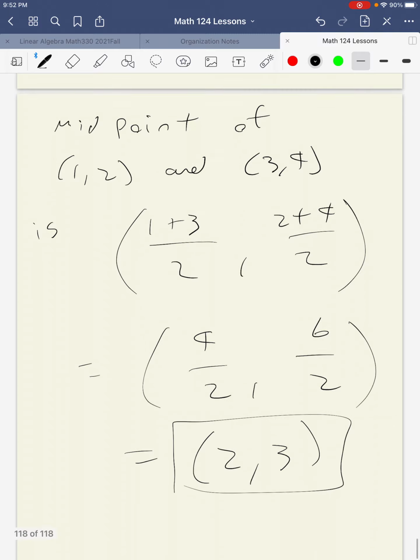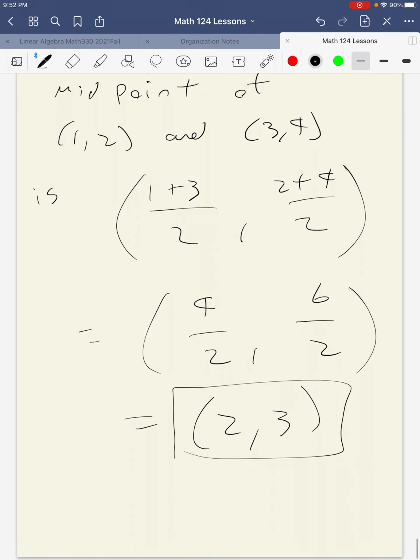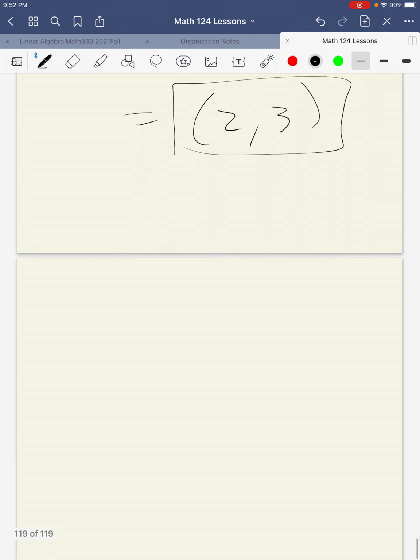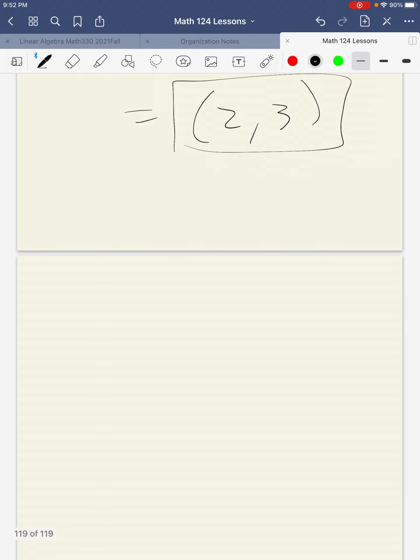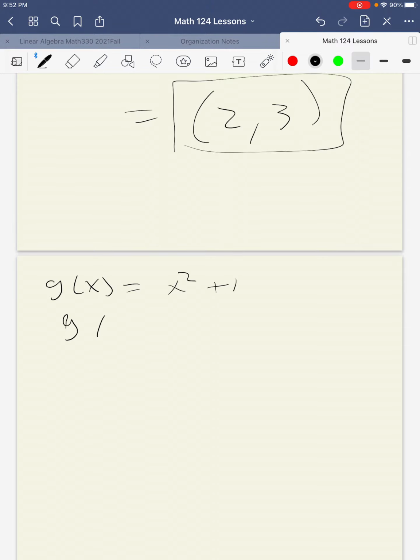So that's pretty much the only concepts. Well, I guess there's one more thing you should be comfortable with, and that's, say you're given a function, g of x is, I don't know, x squared plus 1. Just be comfortable plugging things in. So an easy thing is if you just plug a number in, hopefully you're comfortable with that.